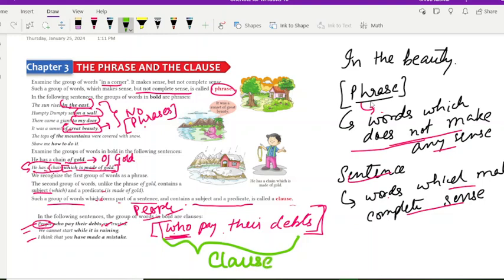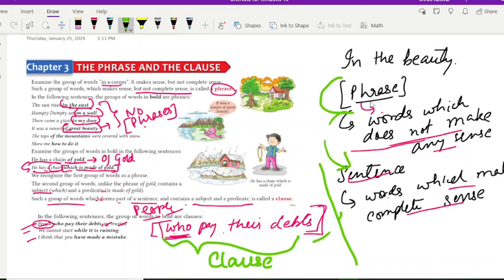What is this? Clause. Now, what is the major difference between sentence and clause? Tell me. The difference between phrase and sentence is understood, right? But what is the difference between sentence and clause? A sentence is a group of words which makes complete sense.